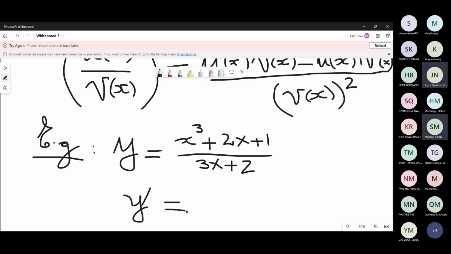You just look at the question and wonder which form this is. You can see exactly that this is a fraction, a quotient of two functions. Then you go back to the formula. Which formula do we use? It is the quotient rule. We can compute the derivative here.